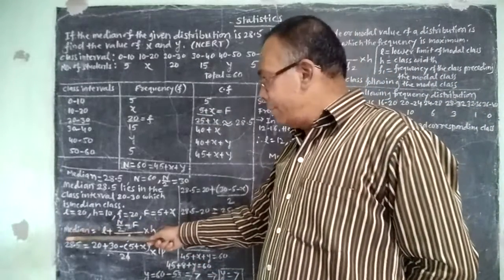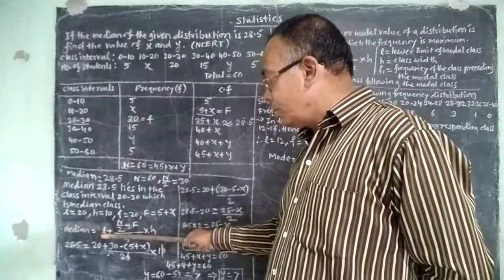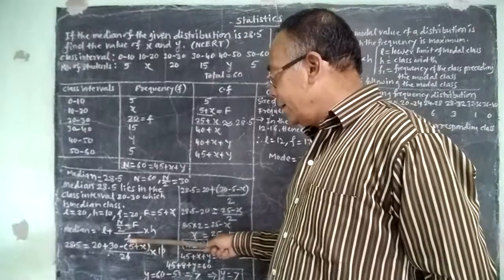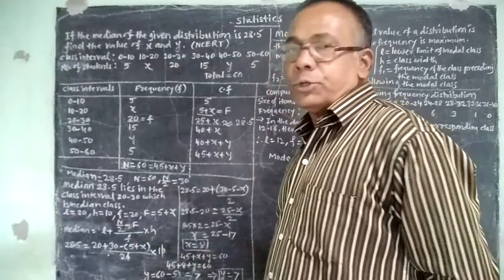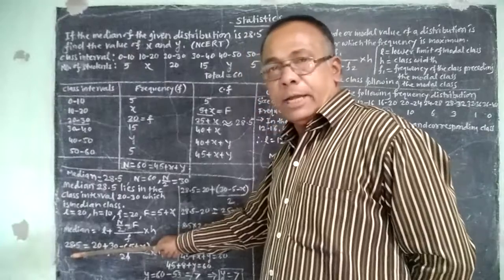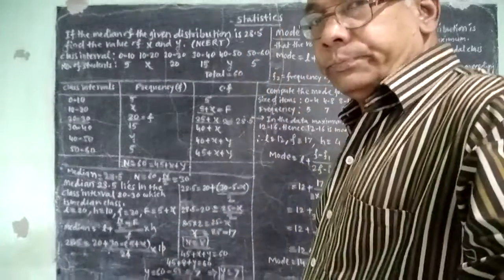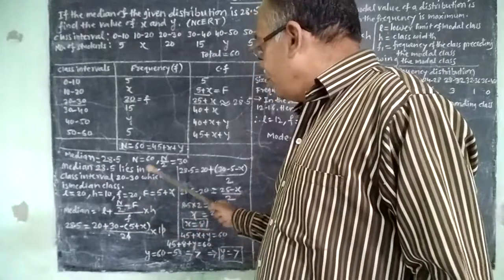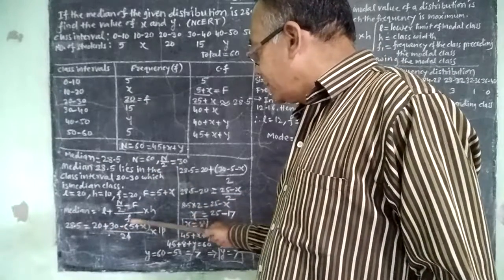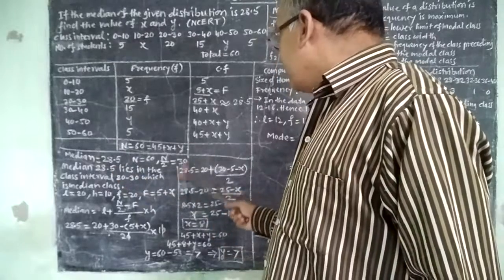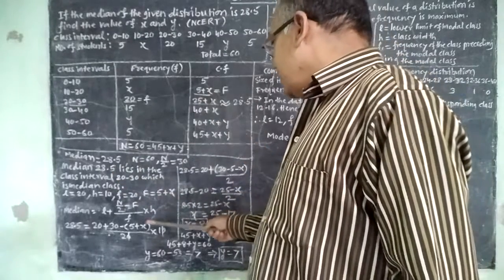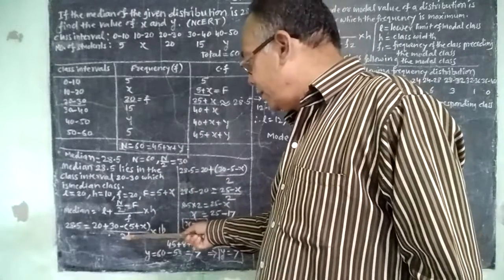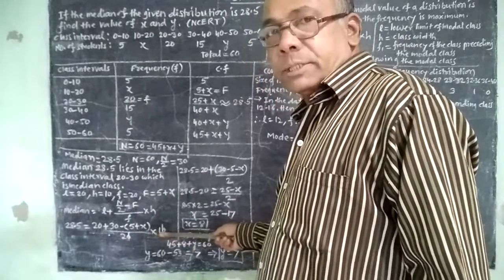Then, substituting in the formula, median is equal to L plus (n upon 2 minus f) divided by small f, into h. Now substitute the values. Median is given as 28.5, then L is 20 plus n upon 2, that is 30, minus f, the cumulative frequency 5 plus x, divided by small f, the frequency of the median class, 20, into h is 10, the class width.